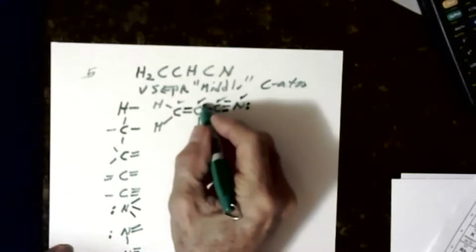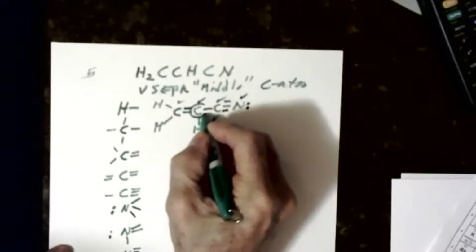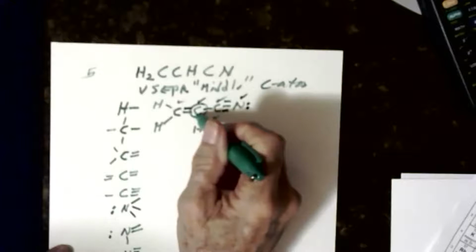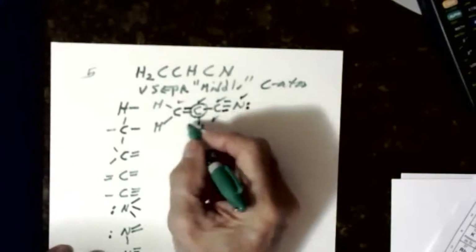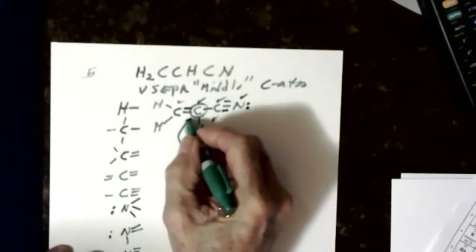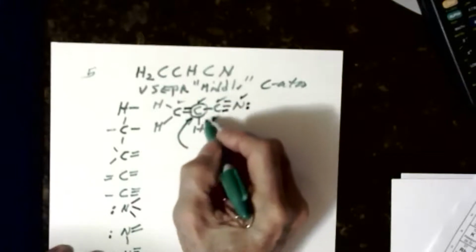Now, it's asking a question about this central atom. And I want the VSEPR. That gives me the number of atoms attached to this plus the number of lone pairs attached to this. So if I'm looking at that carbon right there, it's got 1, 2, 3 atoms attached to it.